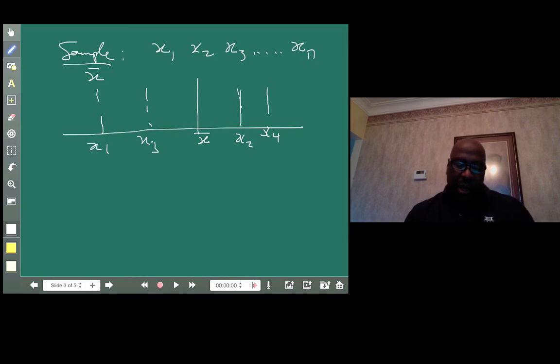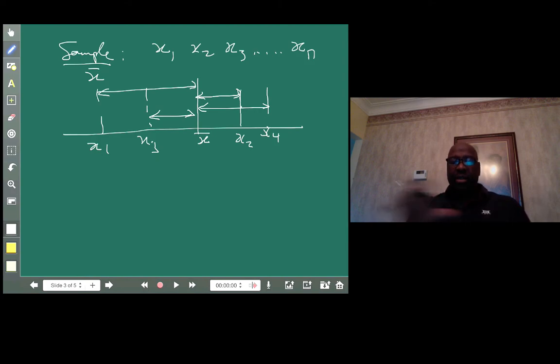And so the way in which we look at it is we say, well, let us take the distance between the mean and those values and measure those, right? You see, each of those gives us a sense of spread between the average and the respective values.